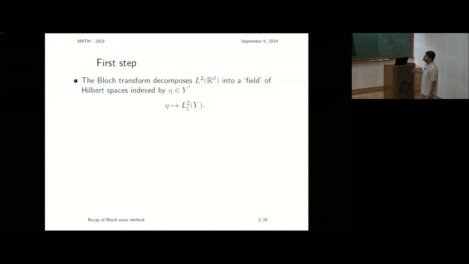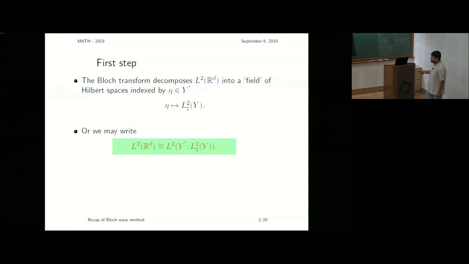For each eta, you get a Hilbert space, which is L2 sharp Y. We can write that decomposition in this manner. This is an isometry, and there is another notation for it. For those who know, this decomposition is also called a direct integral decomposition, but I will not go into that.